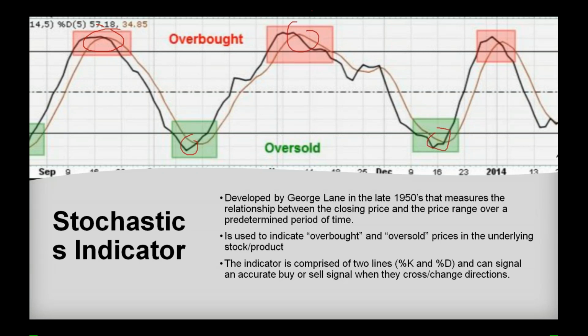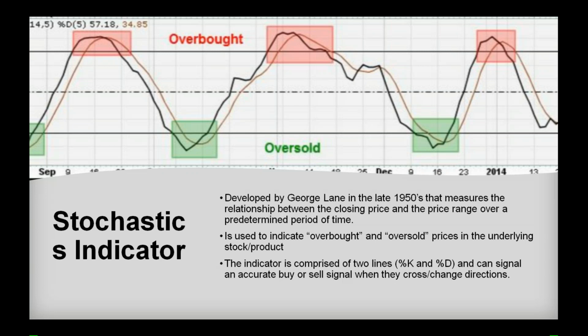They'll happen with frequency. So by getting more signals, you probably need to add a lot of other filters if you're going to use the stochastics to say, okay, how do I filter out what's good and what's bad? What do I really want to use?